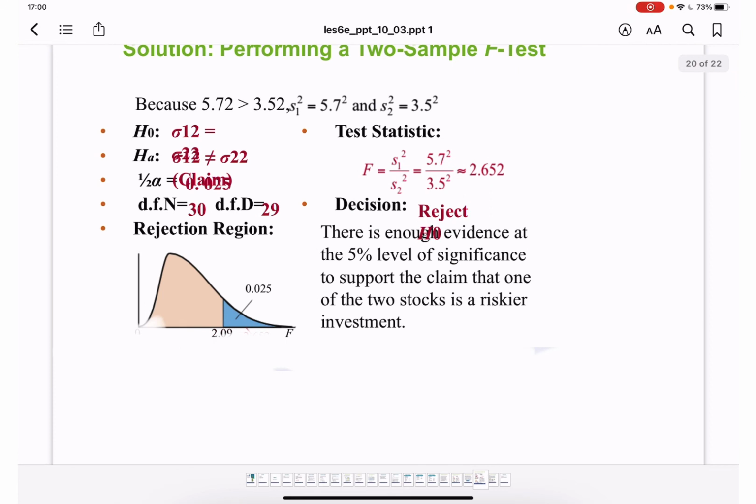So because 5.7 squared is greater than 3.5 squared, I guess there was a cut on the decimal notation. It was 5.7 and 3.5. Now they put 3.5 squared, 5.7 squared. Okay, we'll let it go.